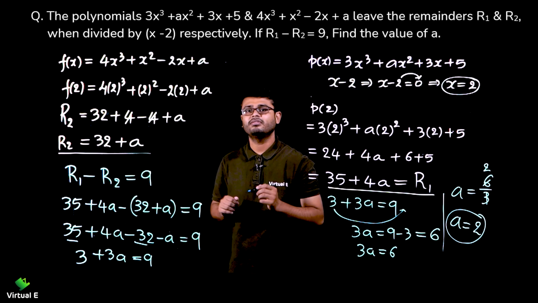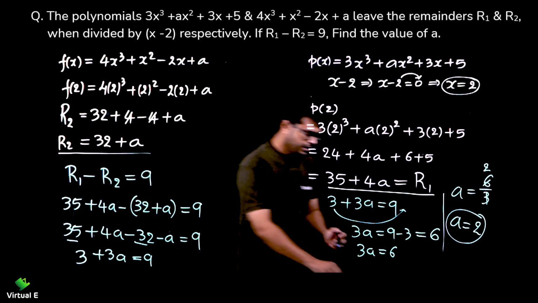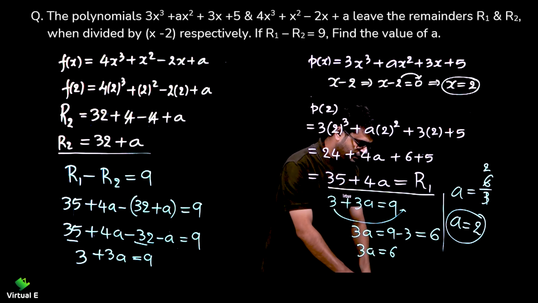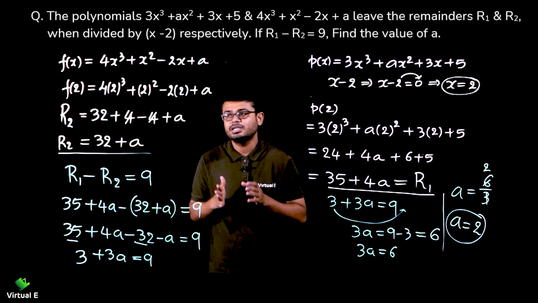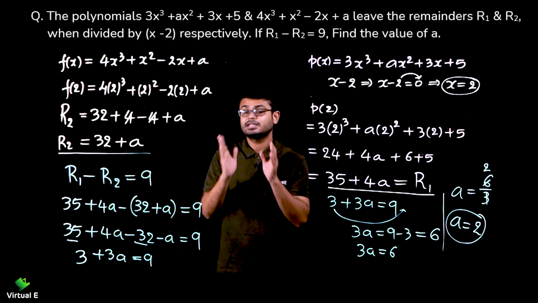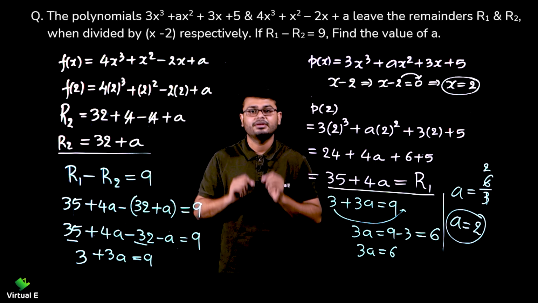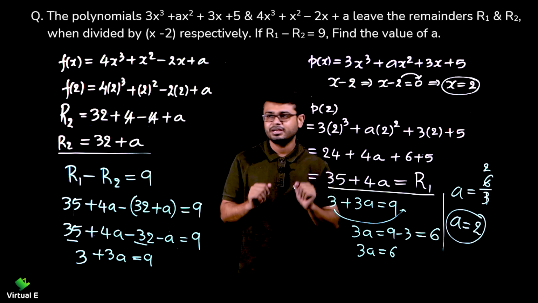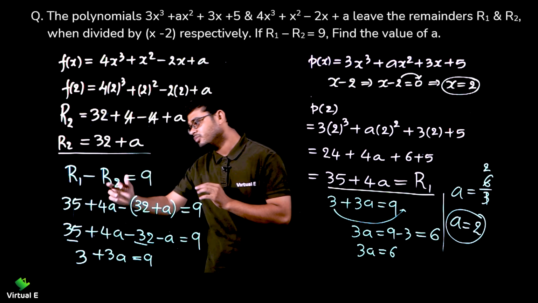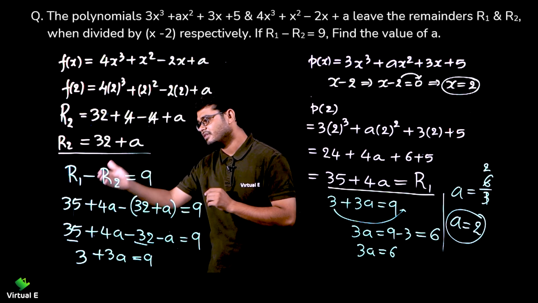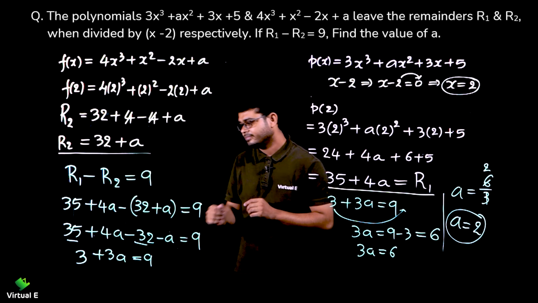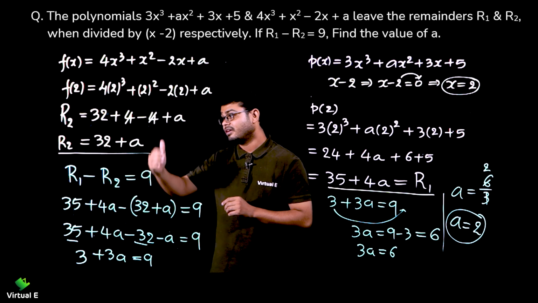This is the value of the unknown, right? We learned how to find the value of a from the two polynomials. That earlier case was specifically about equal remainders. Here we have two remainders, but a relation between the two remainders is given, that is r1 minus r2 is equal to 9. So we substitute the values of r1 and r2.